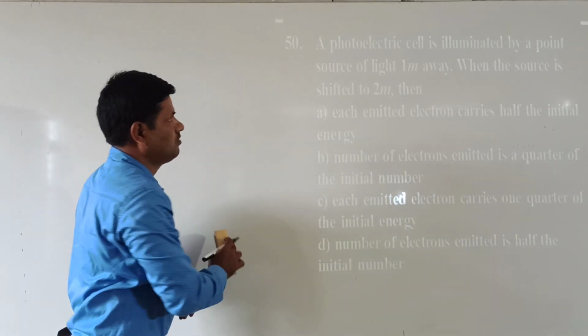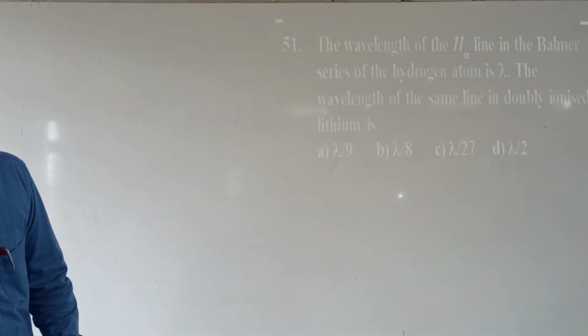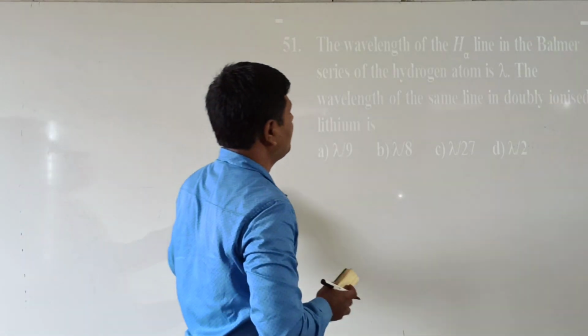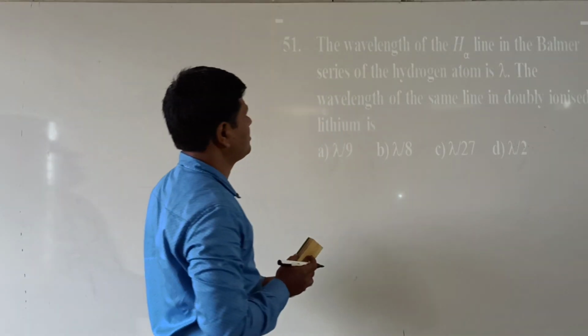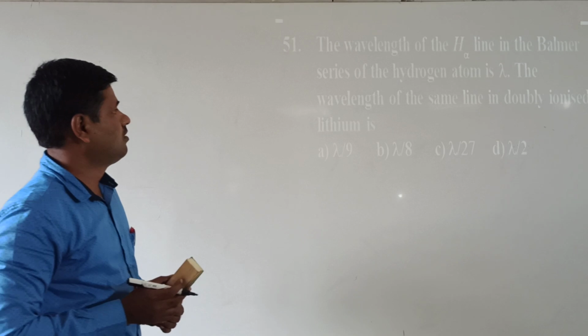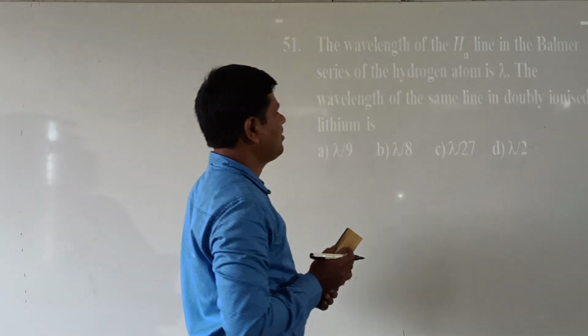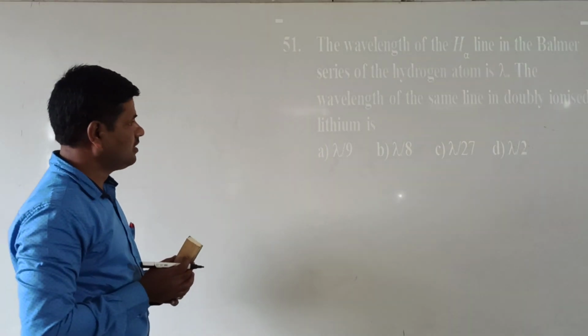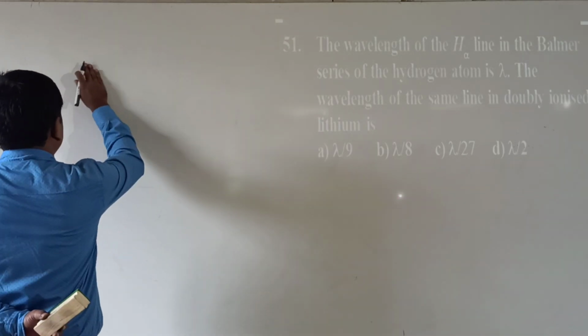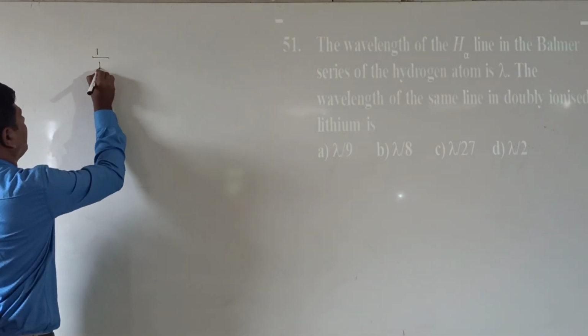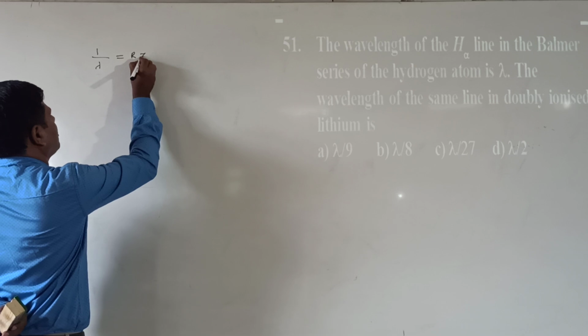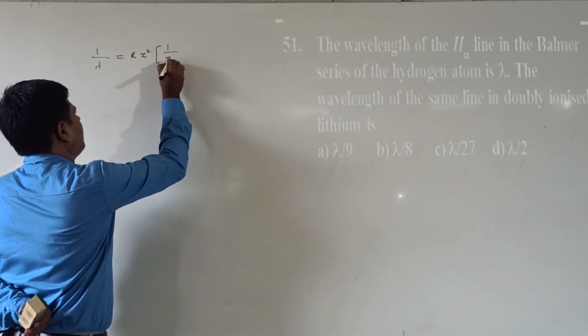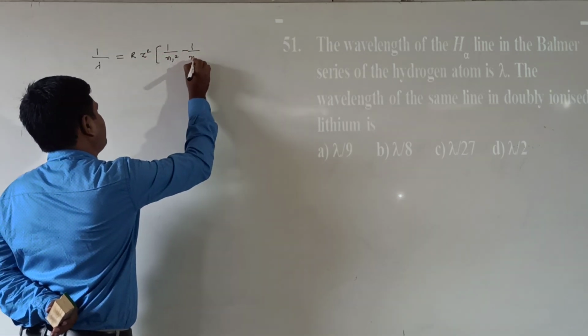Next we go to question number 51. The wavelength of the H alpha line in the Balmer series of the hydrogen atom is lambda. What is the wavelength of the same line in doubly ionized lithium? From the Rydberg formula, 1 by lambda is equal to R Z square into (1 by n1 square minus 1 by n2 square).